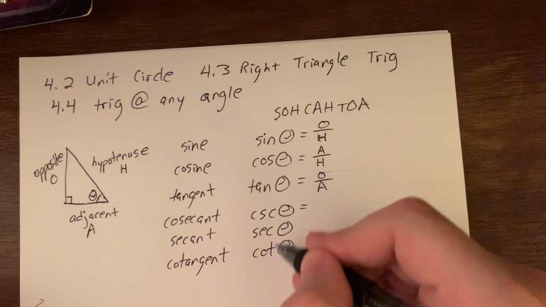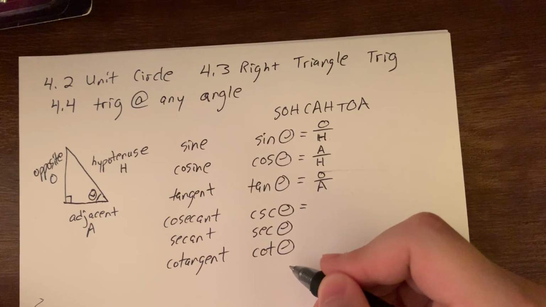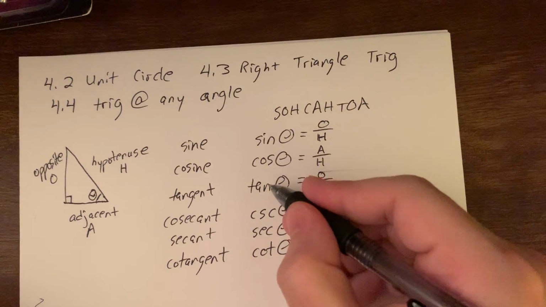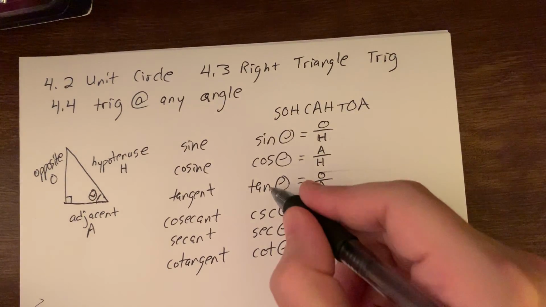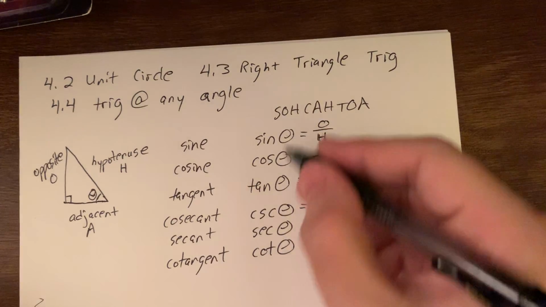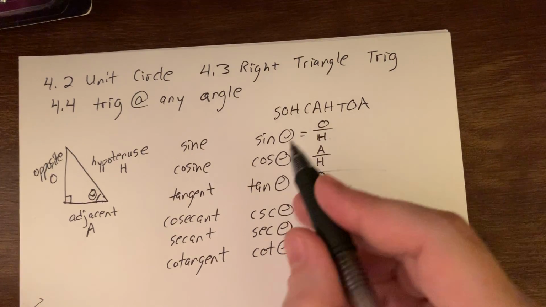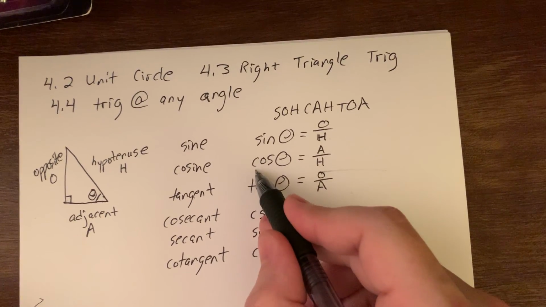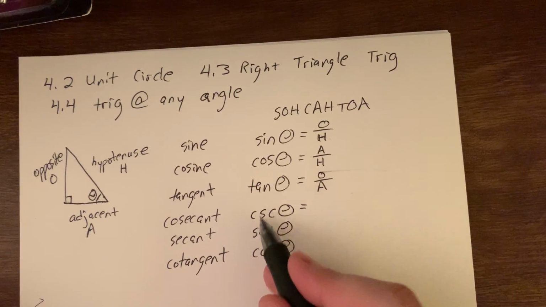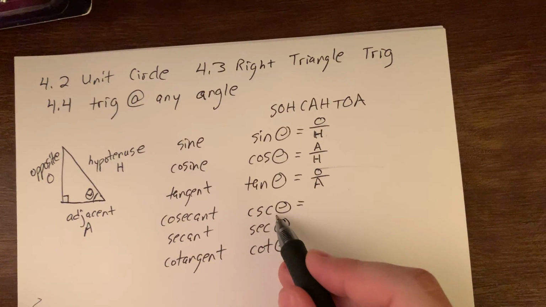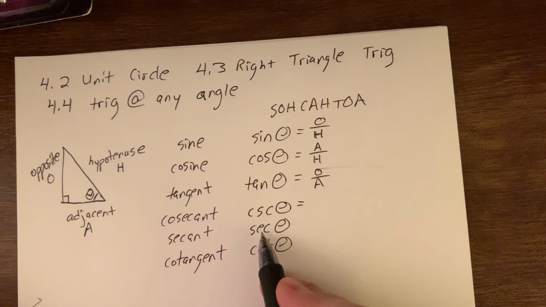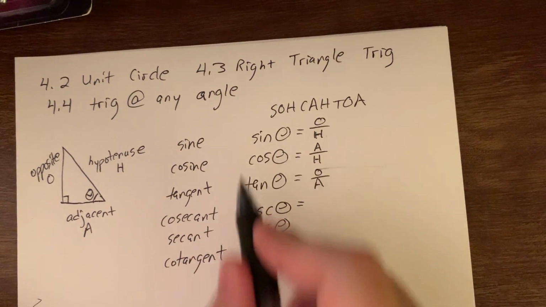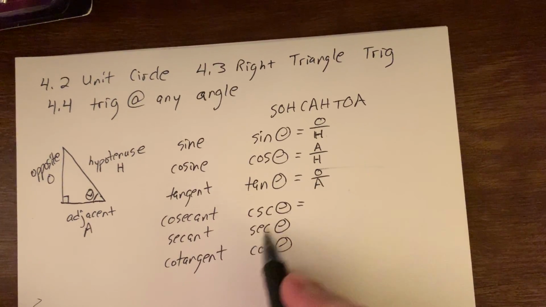Because now when people come down here, it's not that bad for a lot of people to realize that tangent and cotangent are somehow related. But now when you come to these 2, people see the C with the cosine and the C with the cosecant, and they want to link these 2, and then the S from the sine and the S from the secant, and want to link these 2, but that is not correct.